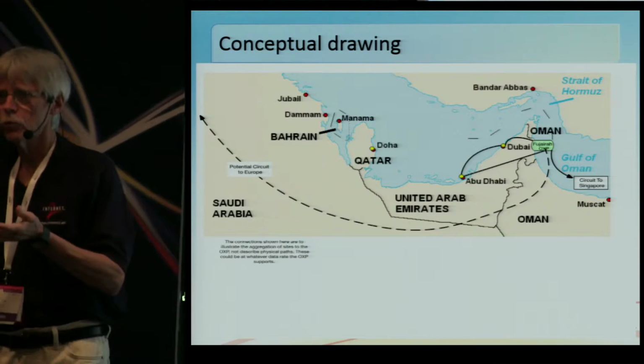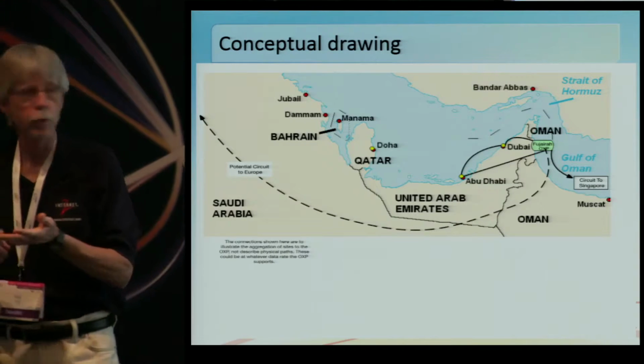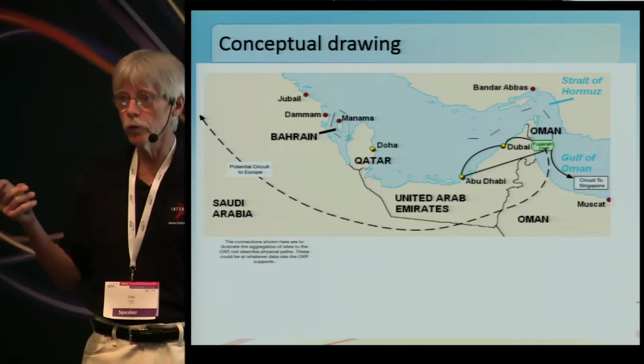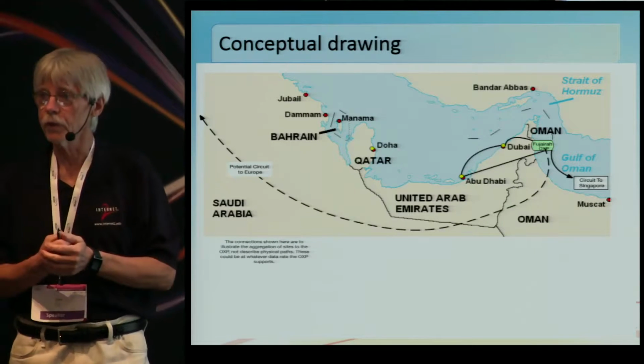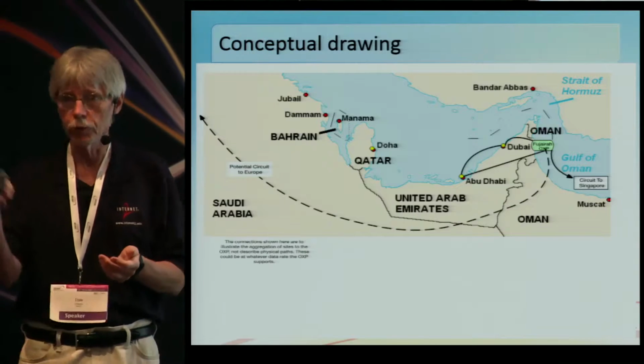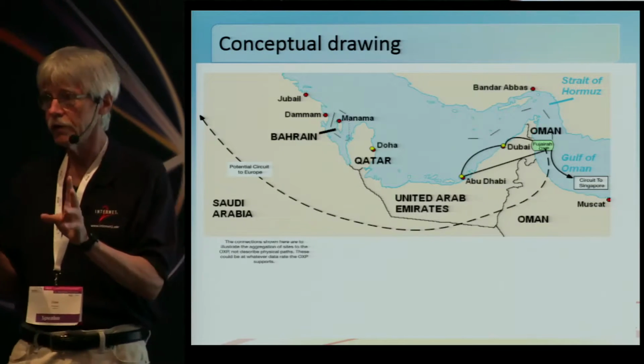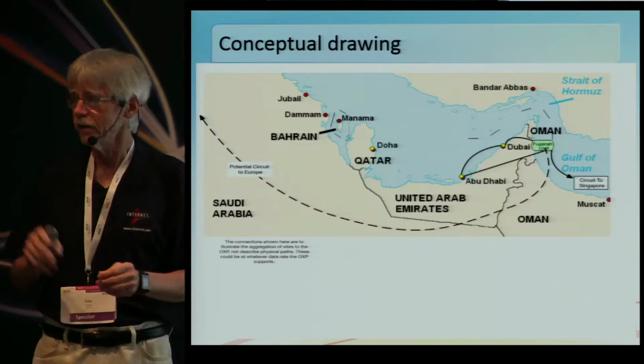Could be Amsterdam, could be London, could be Paris, could be a number of places, and then back to the east coast of the US. That will be available for R&E traffic, so if you're really interested in running a long distance stream, we could probably find a fairly long distance for you to run it at.